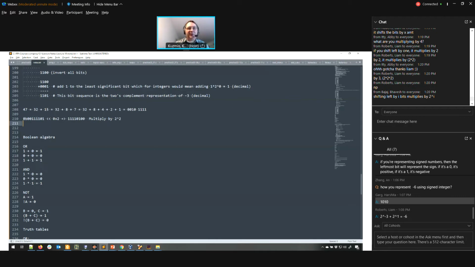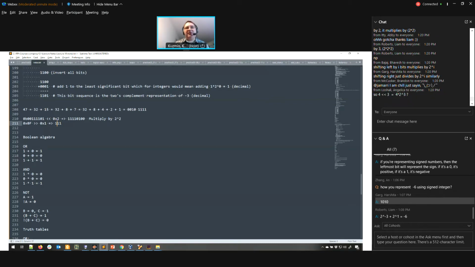Okay, and for shift right, let me do a different example. Let me do 0F, and I'm shifting right by 1. What am I going to get? F is 4 ones. So if I shift right, I'm going to get 3 ones in binary, and 3 ones is 7.